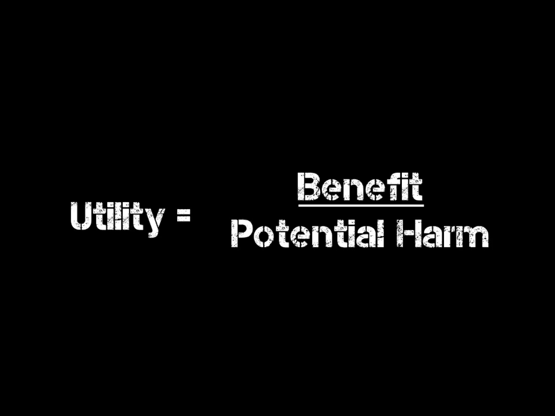Furthermore, I would hasten to add that when we think about the benefit of these interventions and we look at a lot of these studies that show that they are not helpful, we have to remember that utility is basically the ratio of the amount of benefit we get out of something divided by the potential harm. So it's in the numerator, the potential benefit or reward, over the denominator, the potential harm or risk of a procedure or using an intervention. When we poorly design things, we essentially negate the benefit.